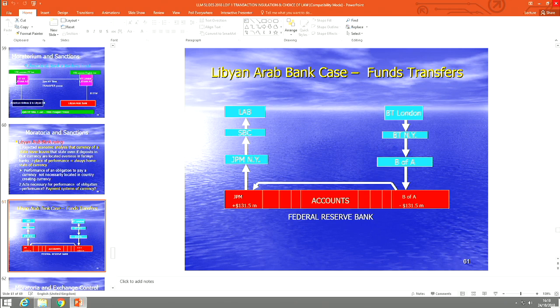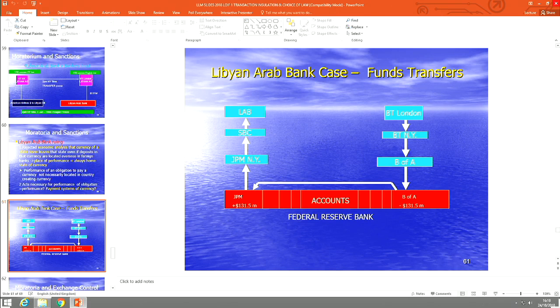Both those accounts are held with the Federal Reserve Bank of New York, located in New York. Therefore, in order to make the transfer from Bankers Trust London to the Libyans, the only way it could be done was to go through the Federal Reserve Bank in New York.